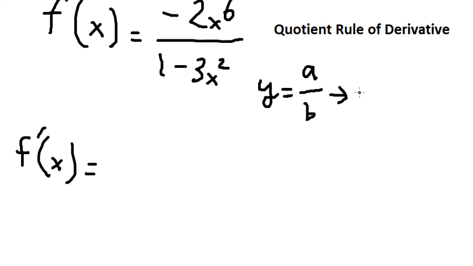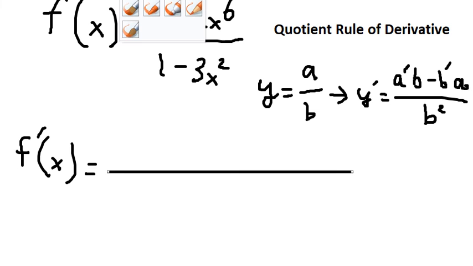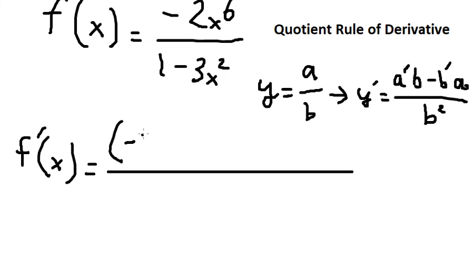So if we do first the derivative, we need the derivative of a multiplied by b minus the derivative of b multiplied by a, over b squared. And now we can apply the formula in here, and that should be like this.